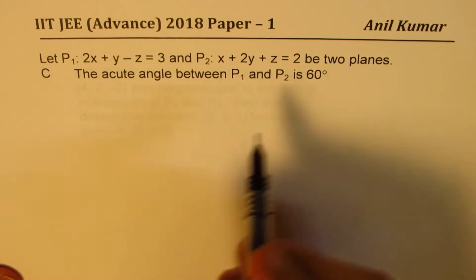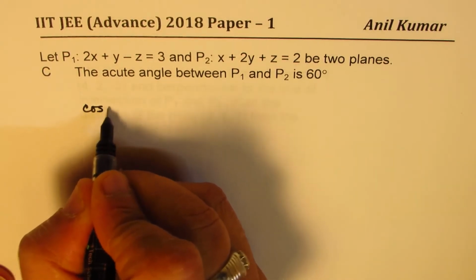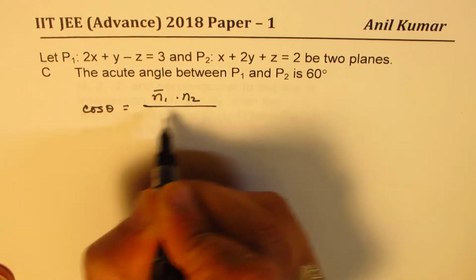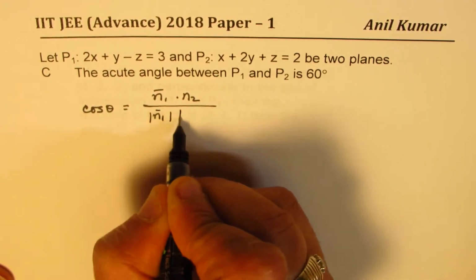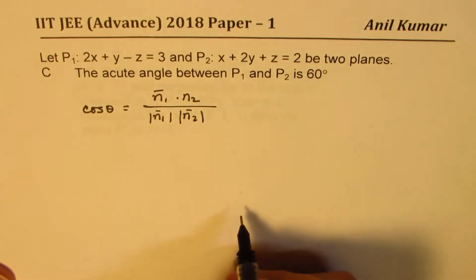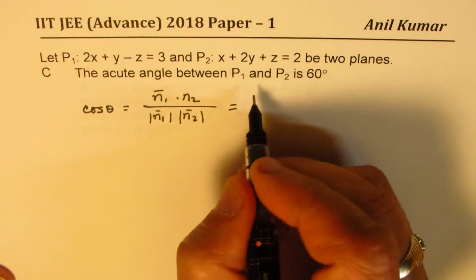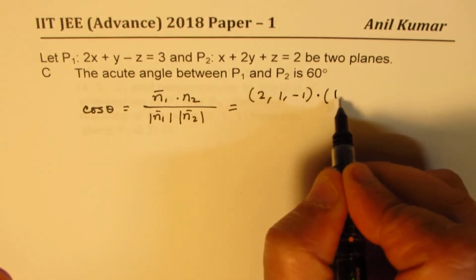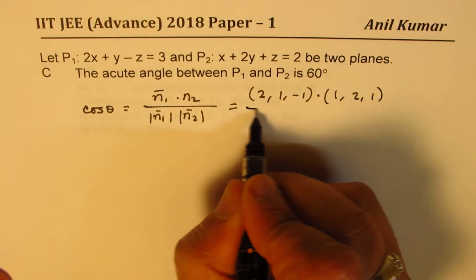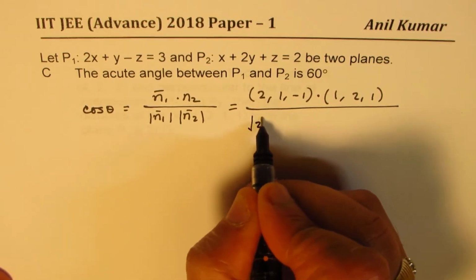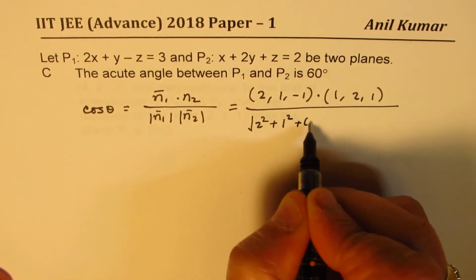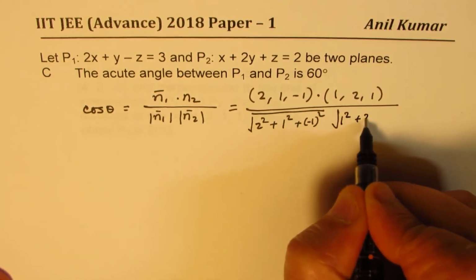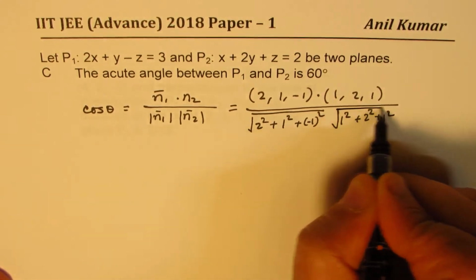So here the angle cos theta will be equal to the dot product of n1 and n2 divided by their magnitudes. So the vectors are (2, 1, minus 1) dot (1, 2, 1) over square root of (2 square plus 1 square plus minus 1 square) times square root of (1 square plus 2 square plus 1 square).